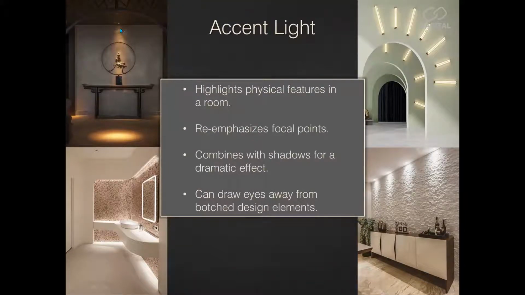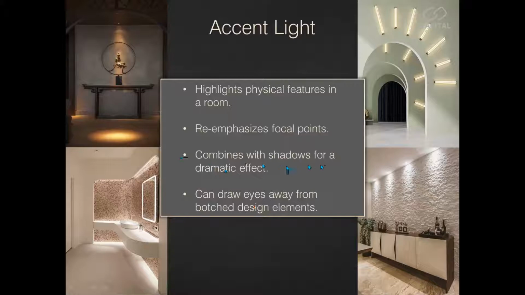Similarly, you can see a small spotlight here that's highlighting an artwork, and the rest of the area surrounding it is dark. So the main point over here is to re-emphasize a focal point. Usually when we have a space, we bring in focal points that draw the attention of the viewer, and to re-emphasize these focal points, you can use accent lighting.